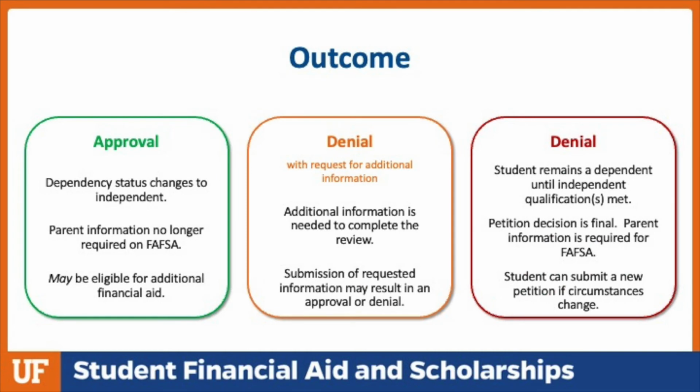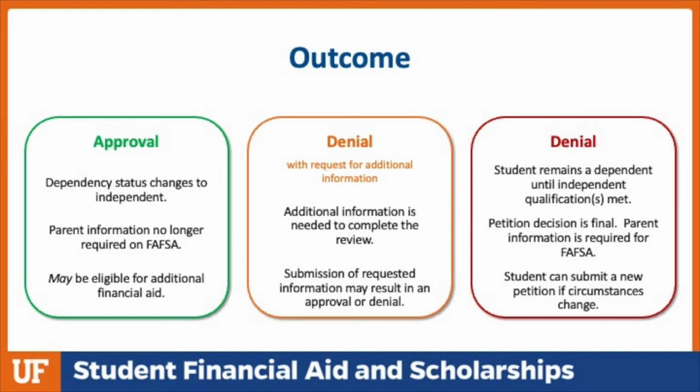Similar to the previous petitions, once a dependency override petition is received and reviewed, there are 3 possible outcomes. If approved, the student's dependency status will change from dependent to independent, and parental information will be omitted from the FAFSA, which may allow the student to be eligible for need-based aid.